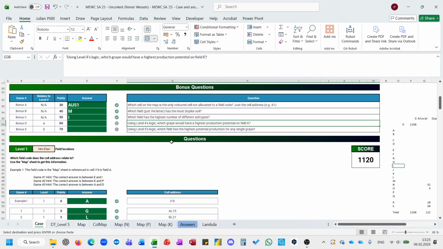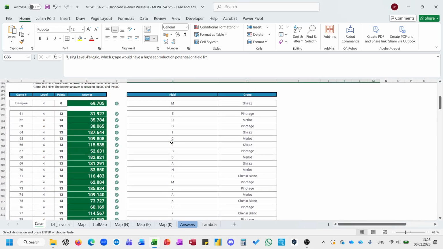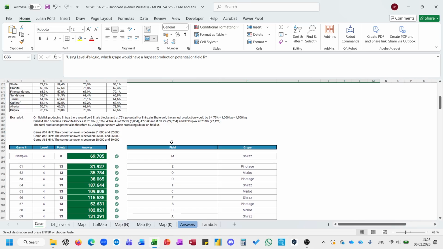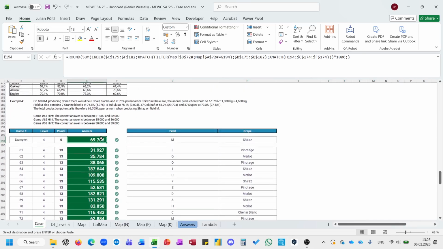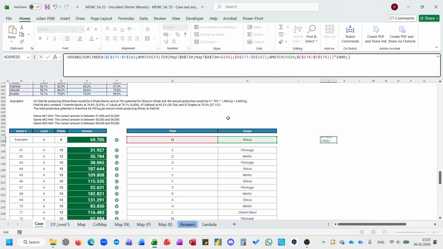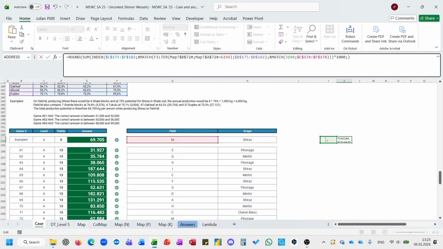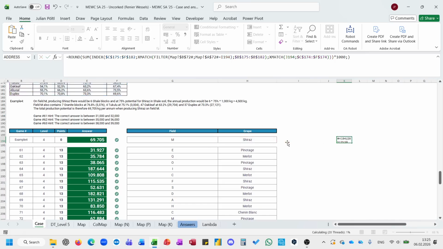Using level 7 logic, which grape would have the highest production potential on field K? Okay, this here gets K, and this is a grape.